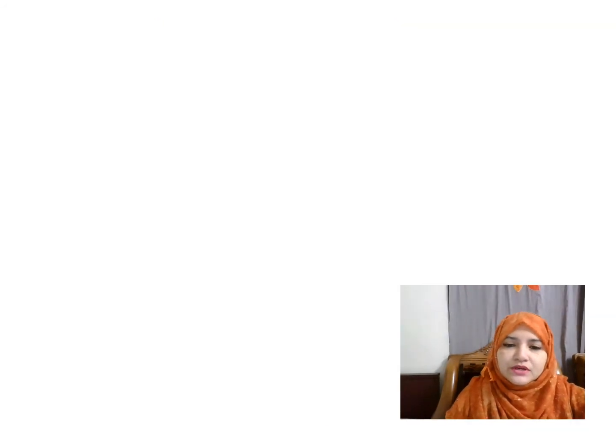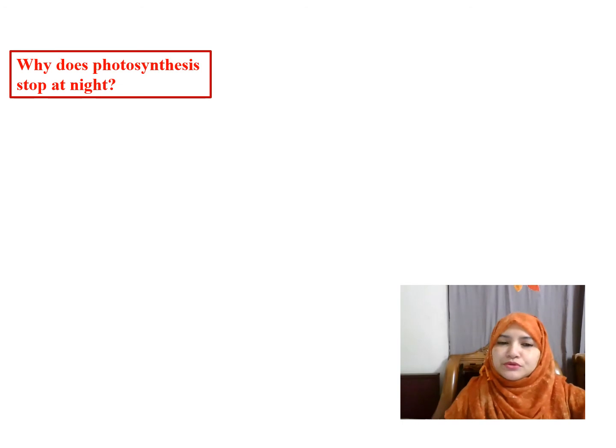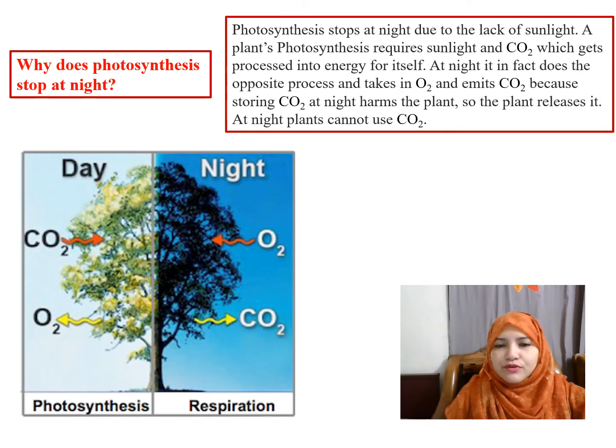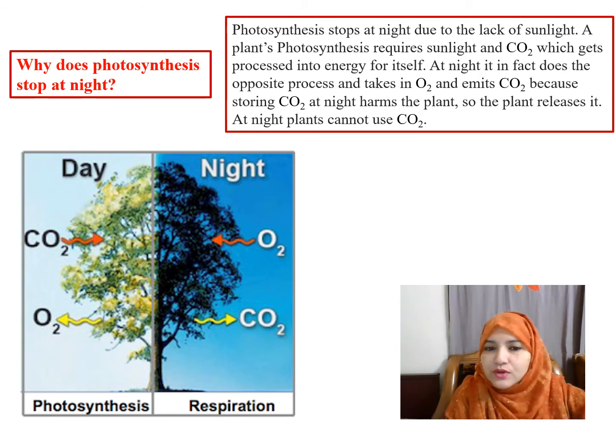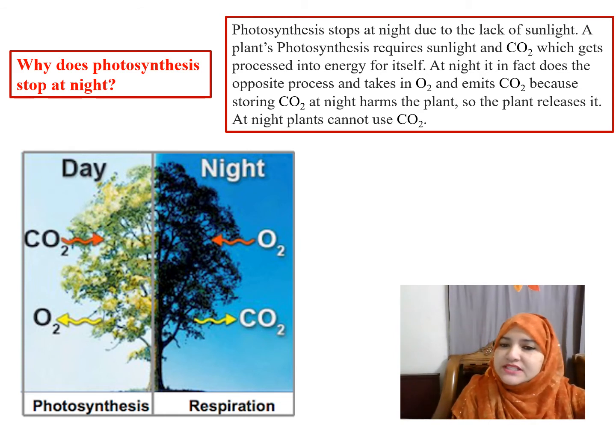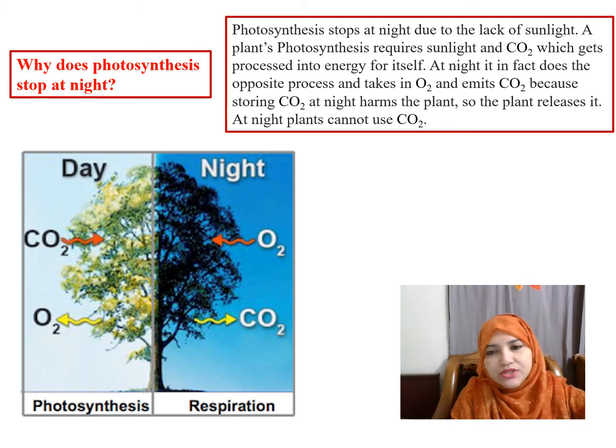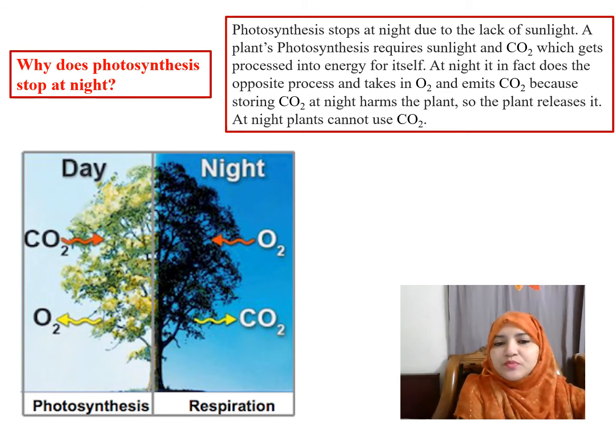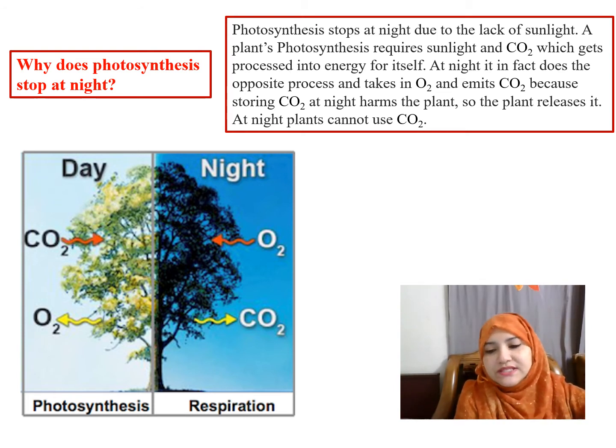Now we have to know why photosynthesis stops at night. Photosynthesis stops at night due to the lack of sunlight. A plant's photosynthesis requires sunlight and carbon dioxide, which get processed into energy for itself.